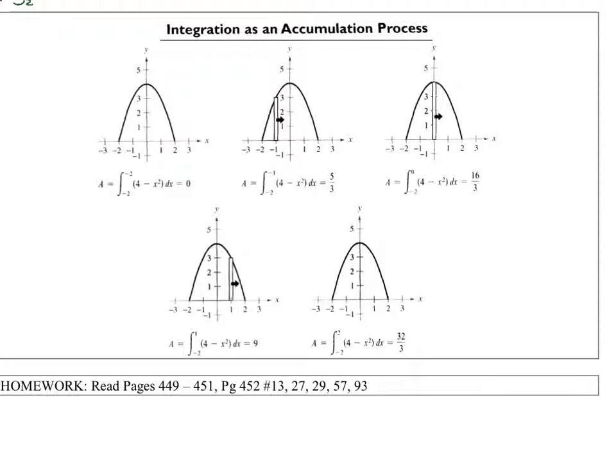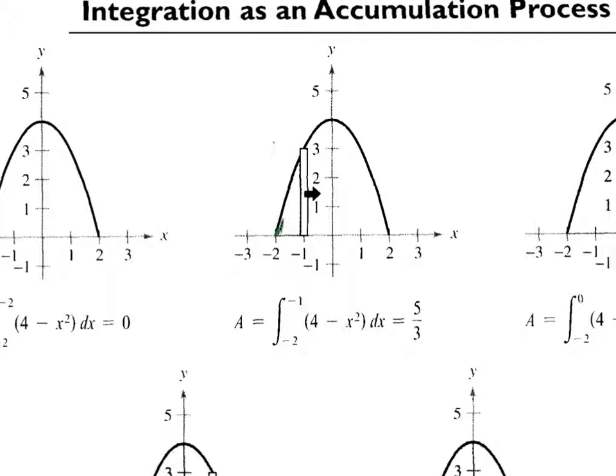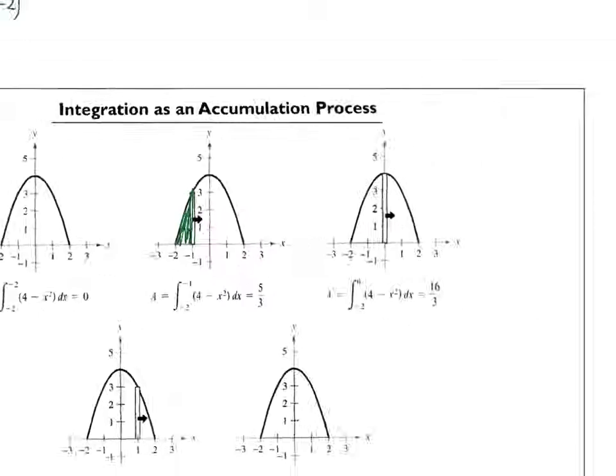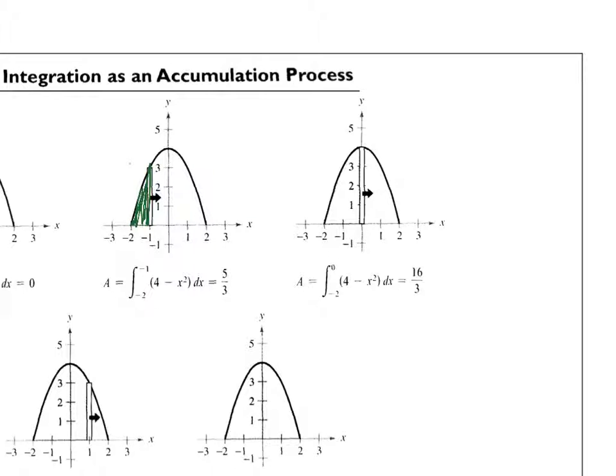Here you see if we're going from -2 to -2, we have no area. But if we go from -2 to -1, we've now accumulated all of the area from here all the way over to the -1. And then if we go from -2 to 0, we've accumulated all of this area.